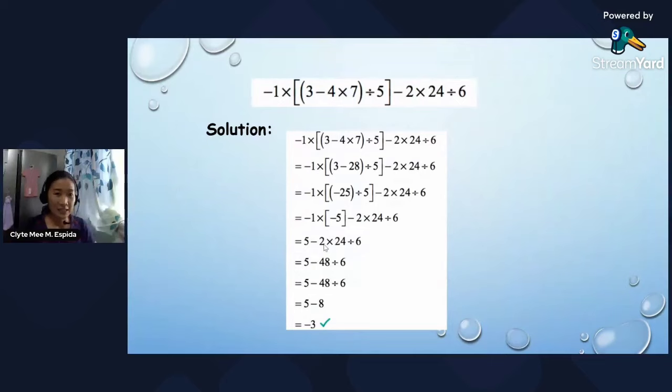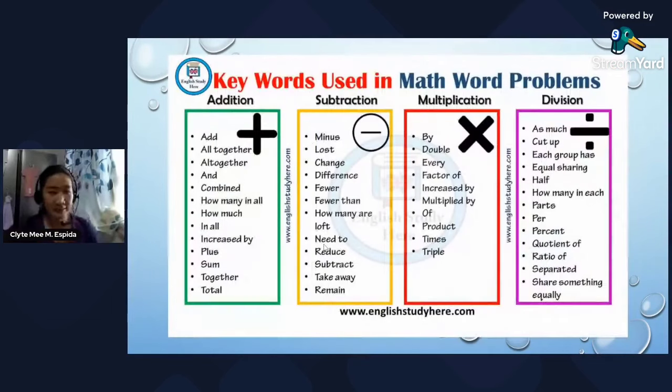So let's proceed to keywords for problem solving. Okay, I know you're familiar with these words. So if you have seen these words, they mean the symbol. Okay, let's have addition.